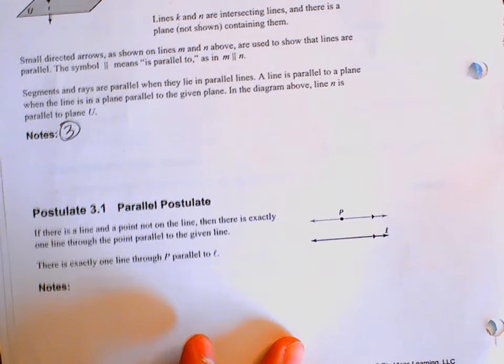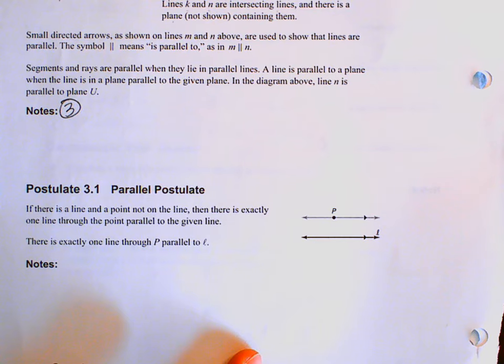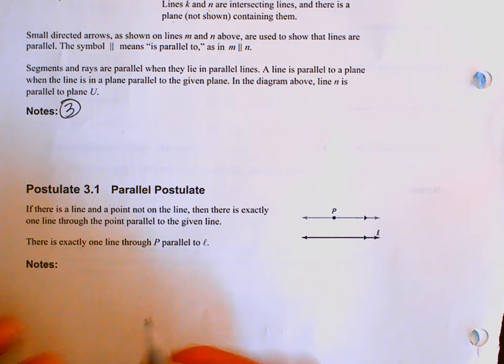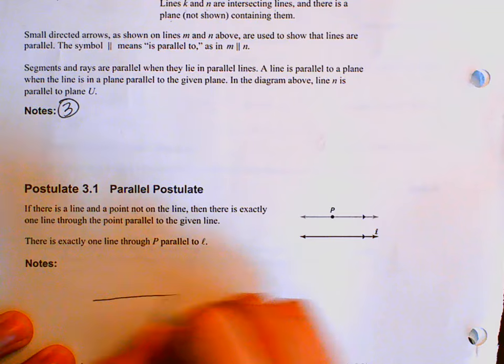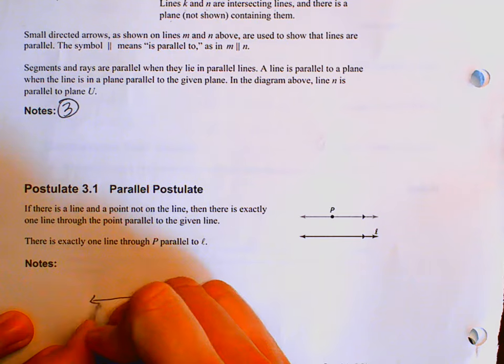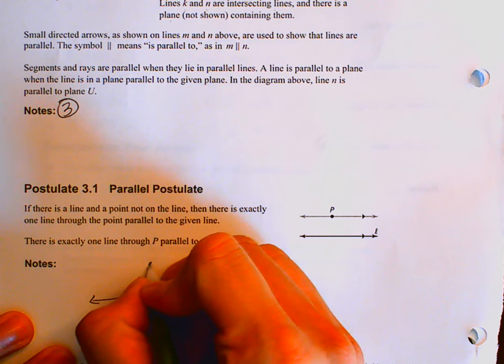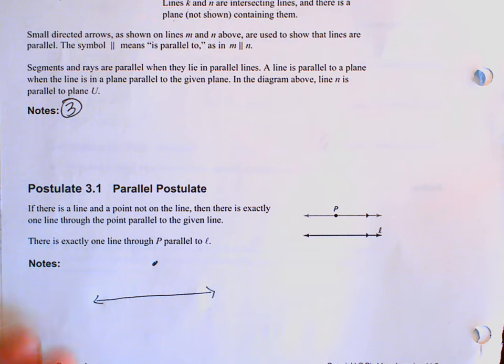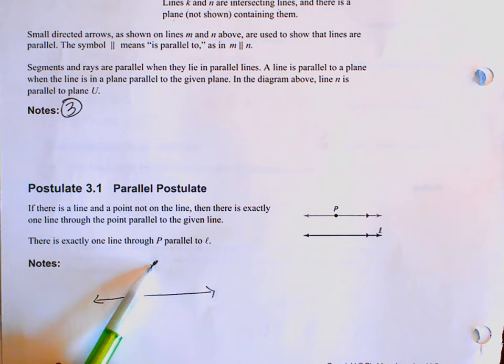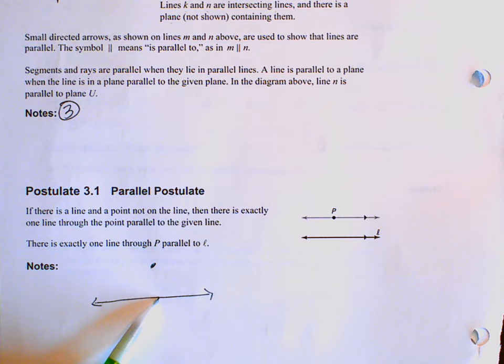Now, one of the most important postulates in this lesson is called the parallel postulate. What exactly is the parallel postulate? If you have a line and you have a point not on the line, how many lines can I draw going through this point that are going to be parallel to this line?